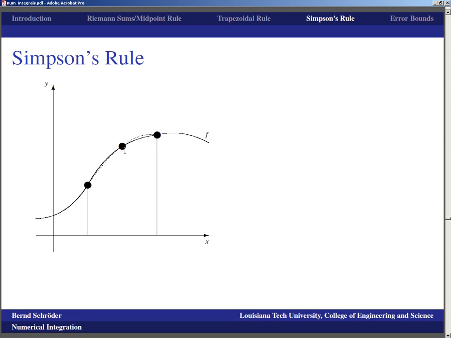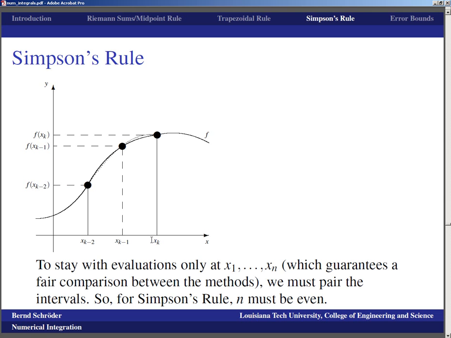You always need 3 points to determine a parabola. And you will need evaluations at f of xk minus 2, f of xk minus 1, and f of xk right here. And so basically what we do with Simpson's rule, we want to stay with evaluations only at x0 through xn.